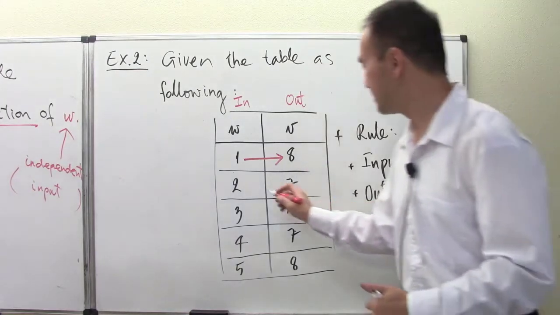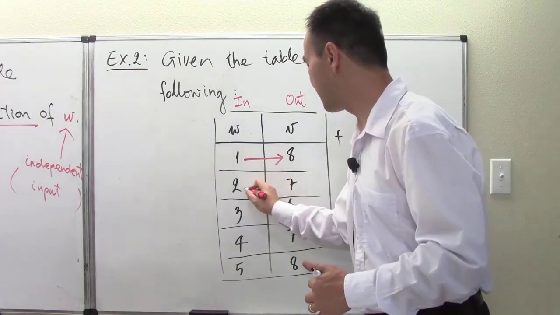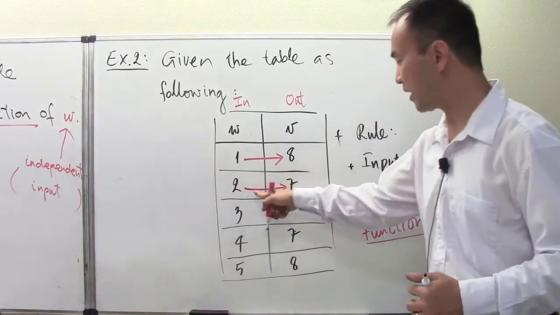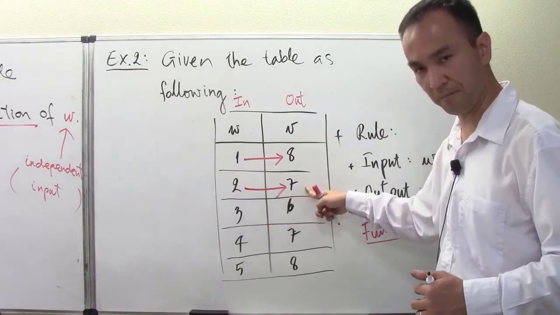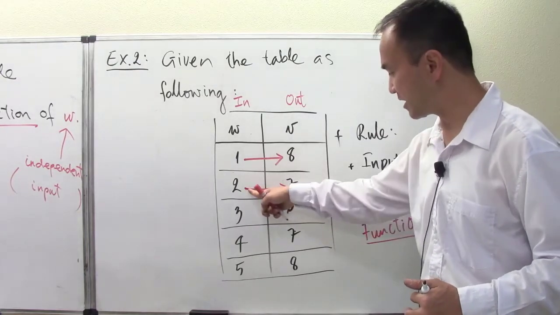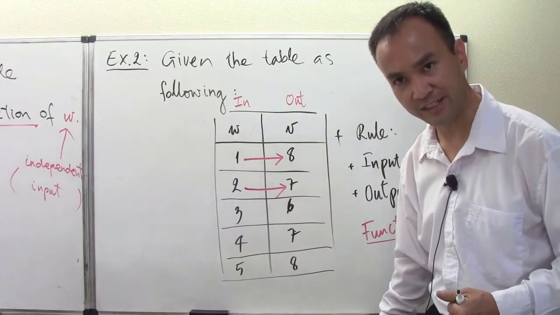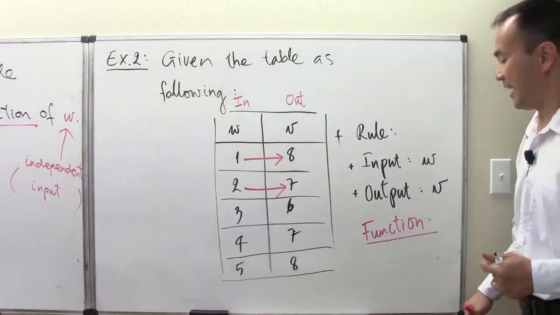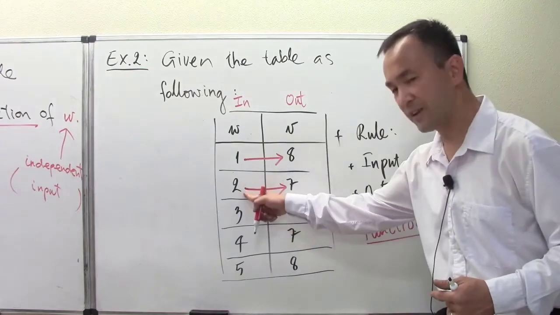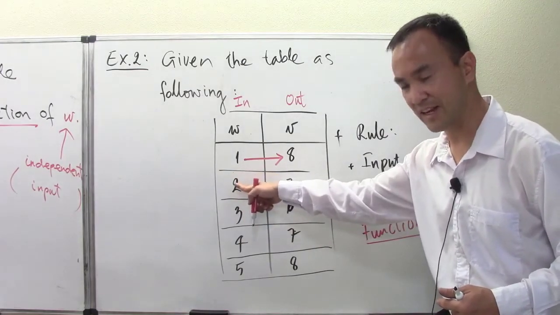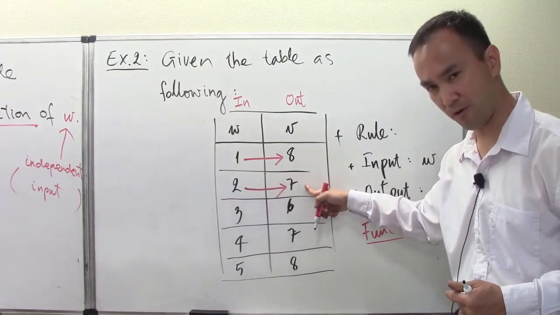Let's check again for the other input. This input 2 is taken to 7 as the output, but is it taken anywhere else? No, that's all there is. And so we're good for that one. For this input, there is exactly one output.